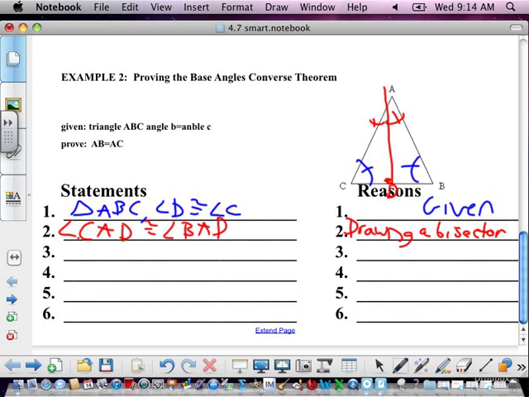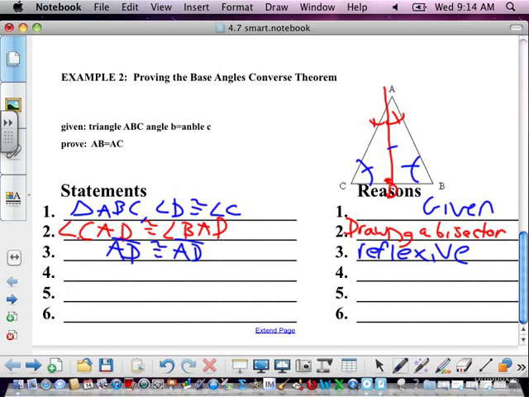So let's look at this. We've got two triangles now, right? This is split in half. We're going to use reflexive. We're going to say AD is congruent to AD by reflexive. Okay.